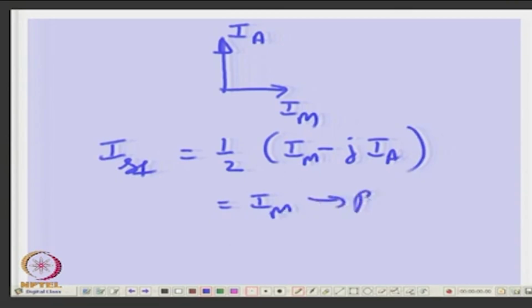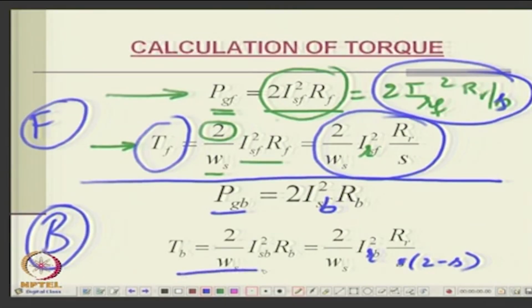So, this is per phase, is not it, per phase current. ISF is the current in one phase, we have made it cumulative because it is that which will produce the field, right. Okay.